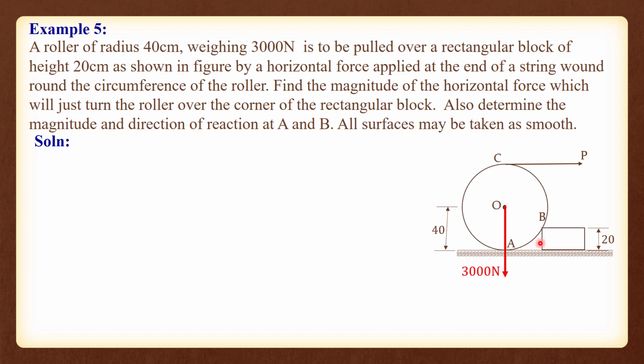For equilibrium, the line of action of all the forces must pass through a single point. So here when you extend the line of action of the weight, you can see that is passing through the point C, and the line of action of the horizontal force is also passing through the point C. So since these two forces are passing through the point C, line of action of the reaction exerted by the rectangular block on the roller also must pass through the point C, right? So RB will be acting like this.